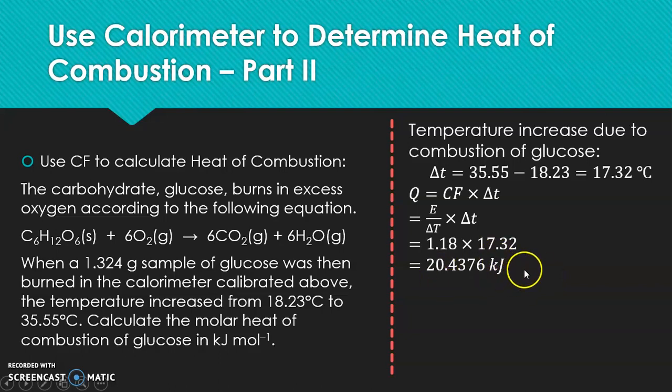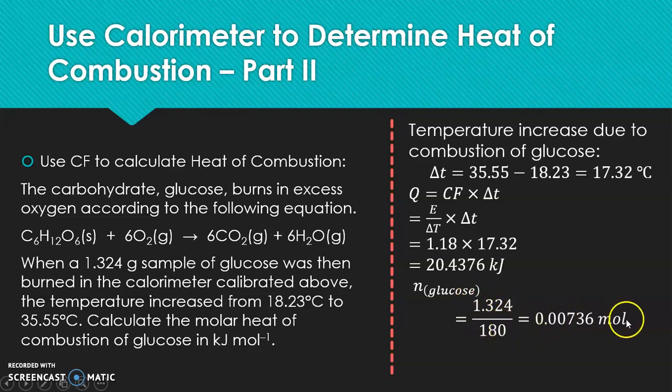This 20 something kJ is released completely due to burning the 1.324 gram sample of glucose. So how much glucose is actually there in moles? Glucose mass over molar mass gives 0.007 something moles of glucose.